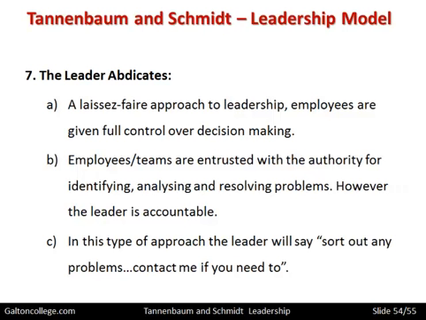So what the Tannenbaum and Schmidt model does is it highlights the spectrum ranging from complete control by management to almost no control by management. And of course, as management give up power, the employees gain power. And what the model attempts to do is to talk about the issues that arise in between the two extremes.